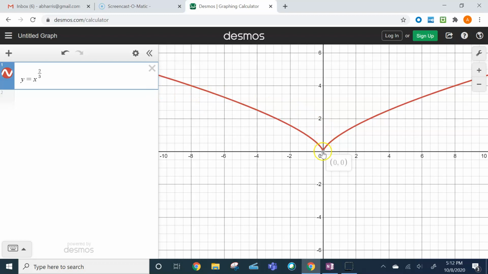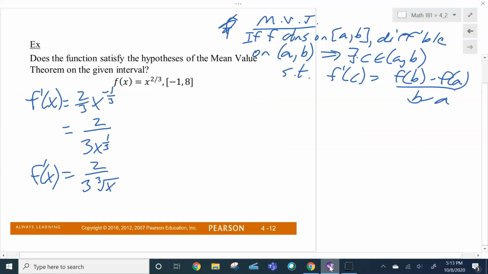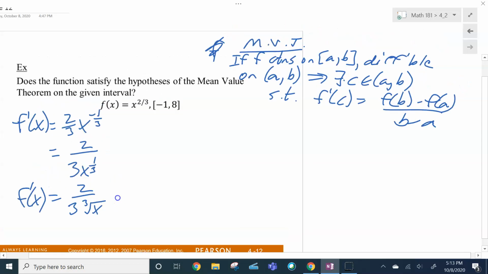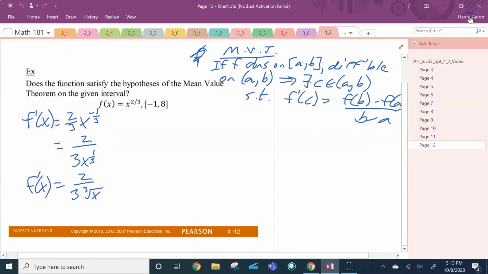All right, this thing's continuous, but notice, we can't have x being 0 because the derivative function is undefined. It's not differentiable at an x value of 0.